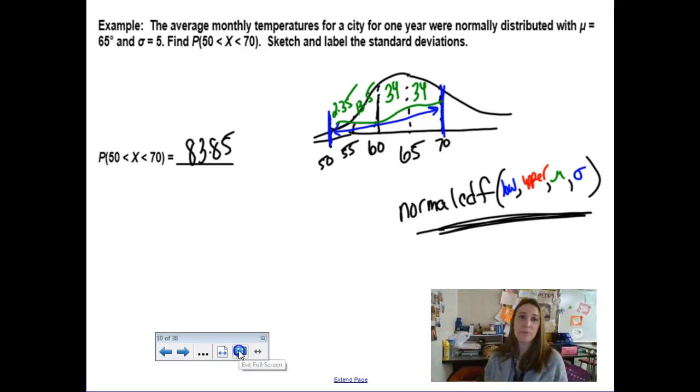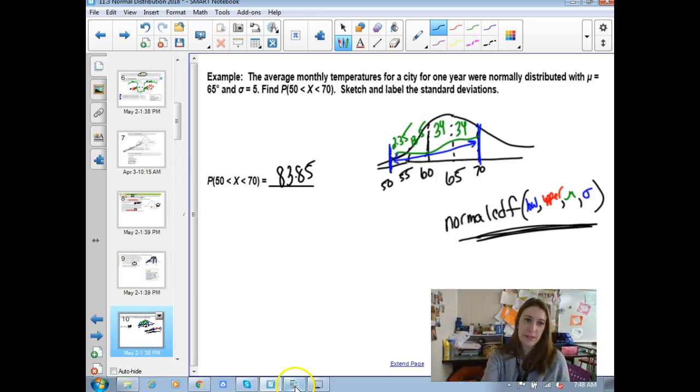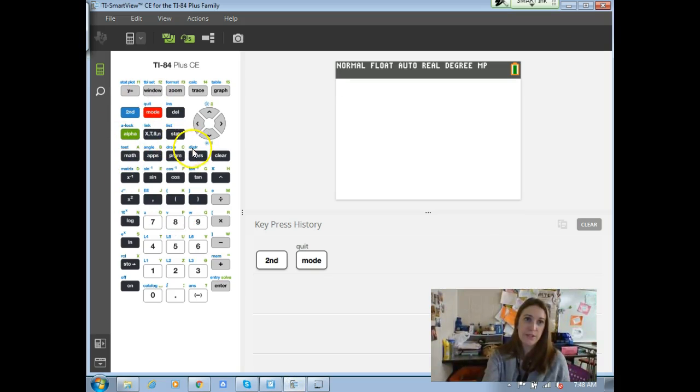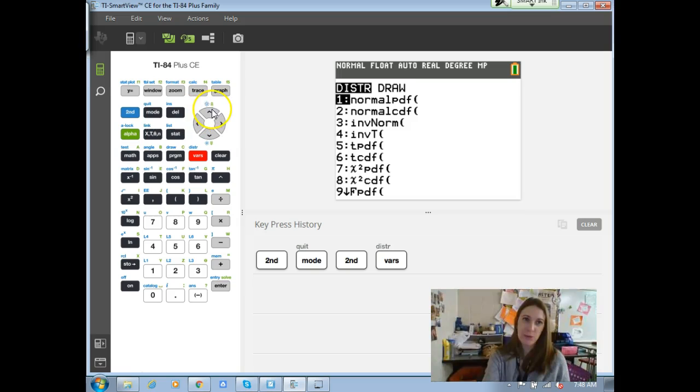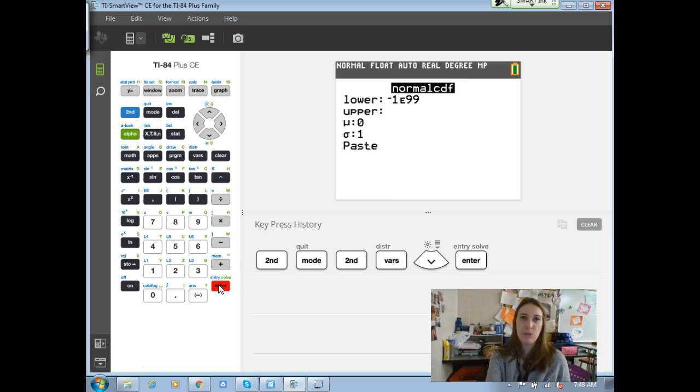So on our calculator, let's see, go to our distribution menu, which is where we found our binomial PDF we've been using in the binomial probabilities, but this time I want the normal distribution. There's a reason it's the first one in the list, guys. It's the most commonly used one in stats class, so the first 2 are. So we're going to use normal CDF because I want it to accumulate all the probabilities between 2 values. Think of it as cumulative.